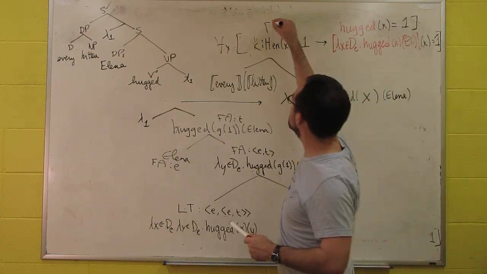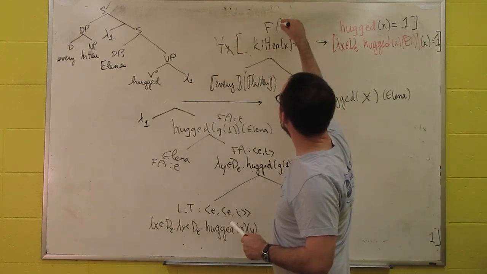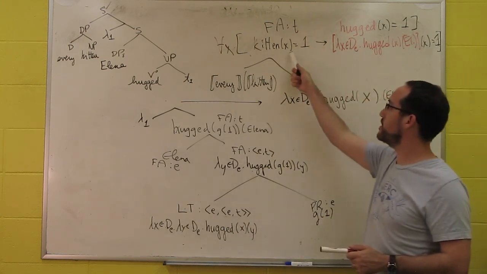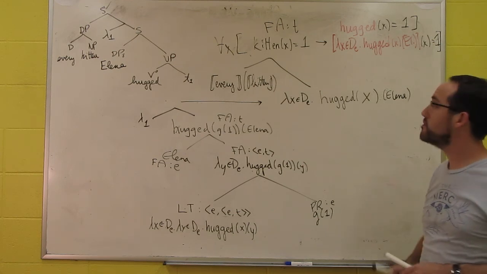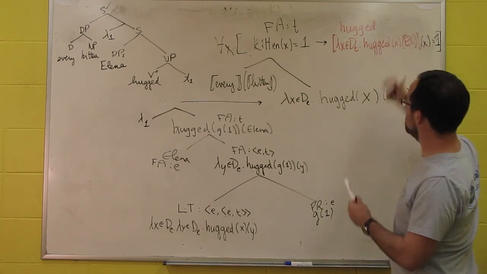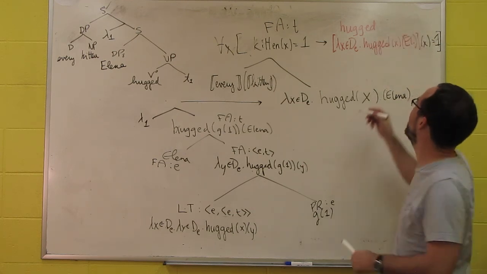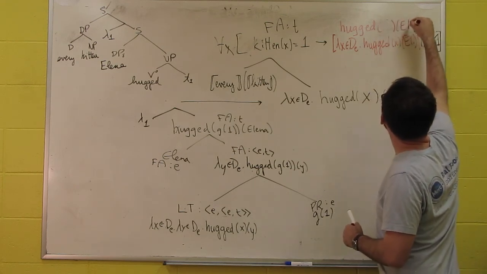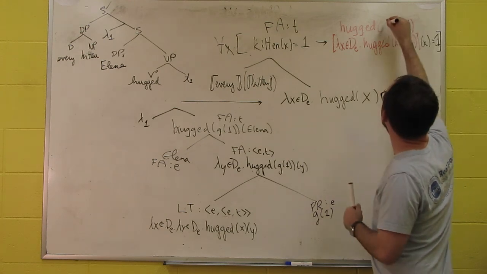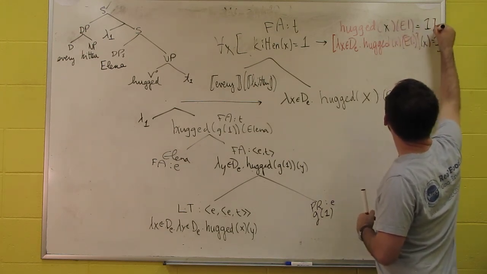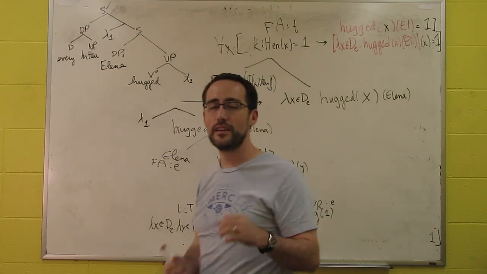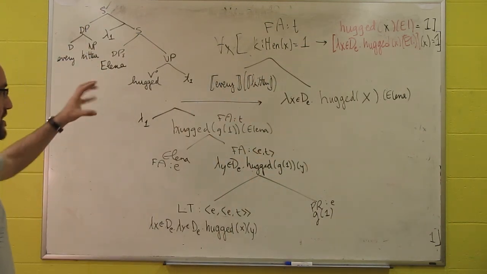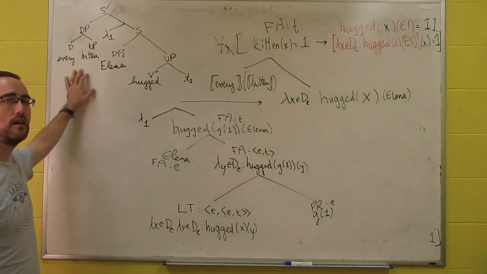This is functional application, type T. Every x is such that if it is a kitten, Elena hugged it. Alright, there we go. Everything is such that if it is a kitten, Elena hugged it. Right? And this gives us the right truth conditions for this sentence.